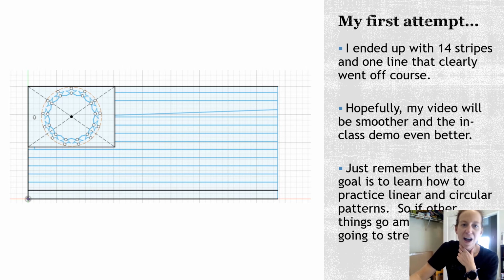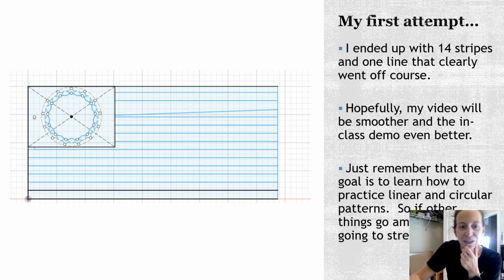And here's my first attempt. I ended up with 14 stripes and 1 line that clearly went off course. To be honest, I don't exactly know how that happened, because I did what's called a reference dimension, which should have worked.